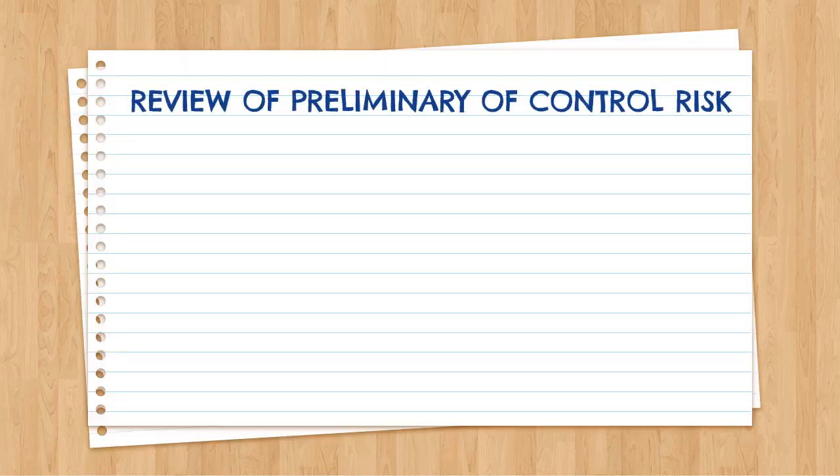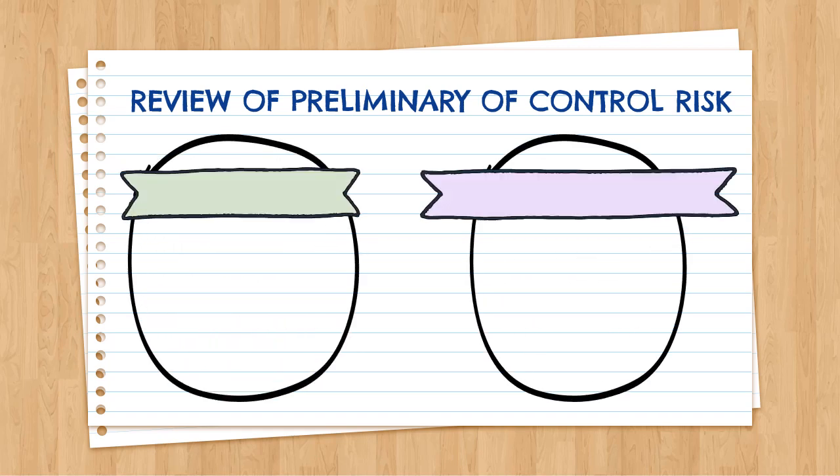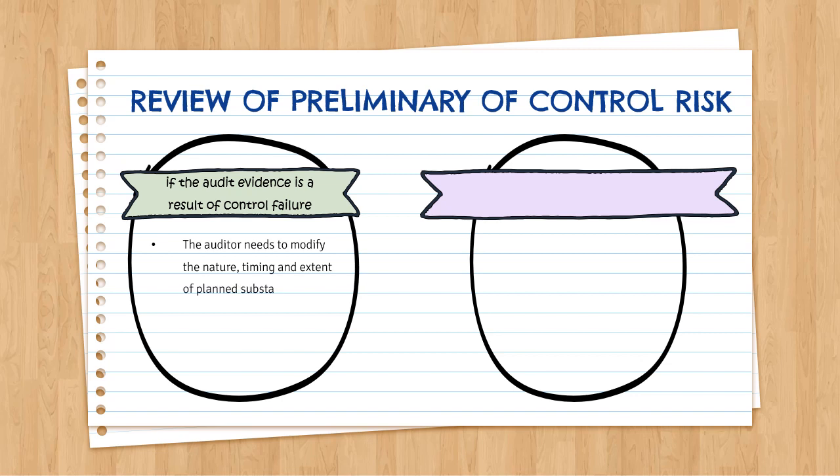For the review of the preliminary assessment of control risk, we have 2 conditions based on the test of control. The first condition is if the audit evidence is a result of control failure, the auditor will need to modify the nature, timing, and extent of planned substantive procedures to be performed.